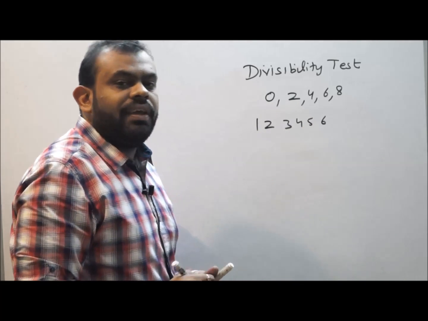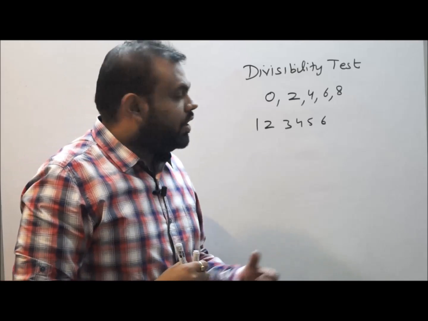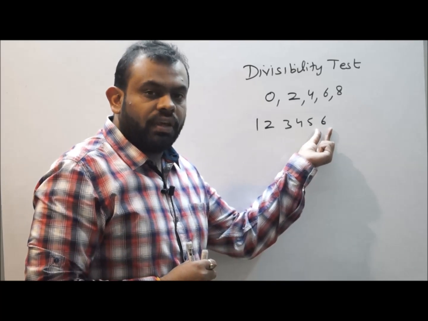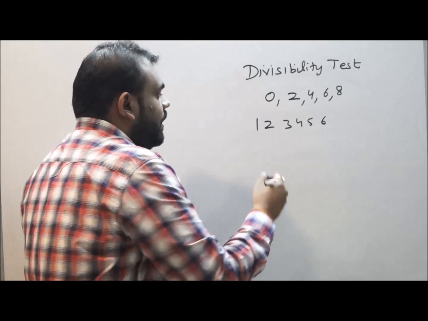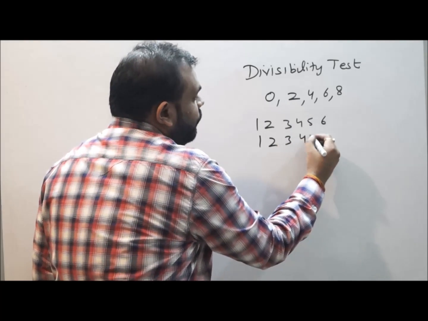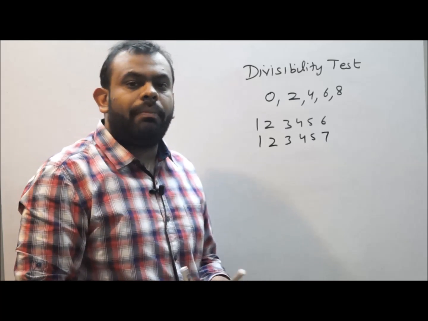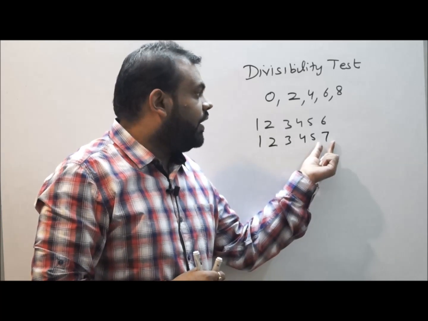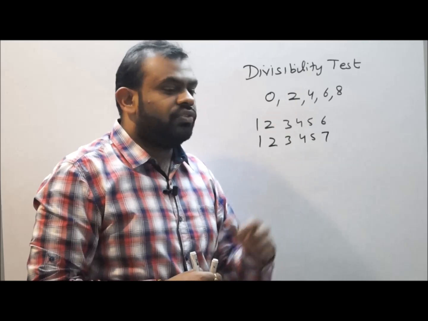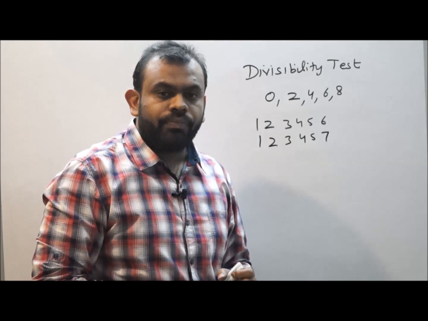I can simply say that it is divisible by 2, reason being it is ending with 6. Whereas for the number 123457, I can simply say that it is not divisible by 2 because it is not ending with any of the digits, that is 0, 2, 4, 6, 8.